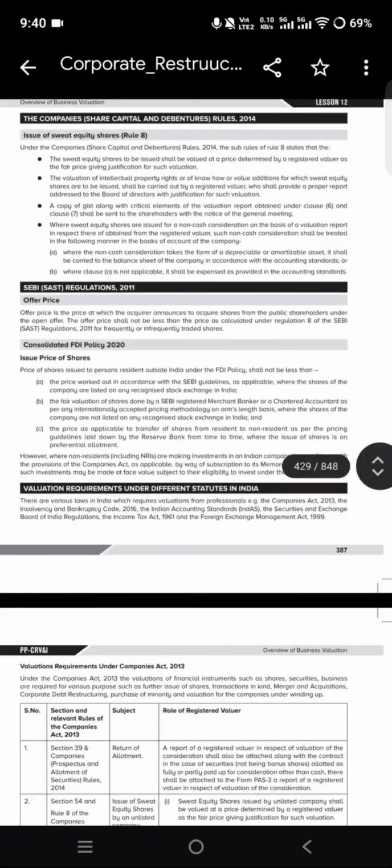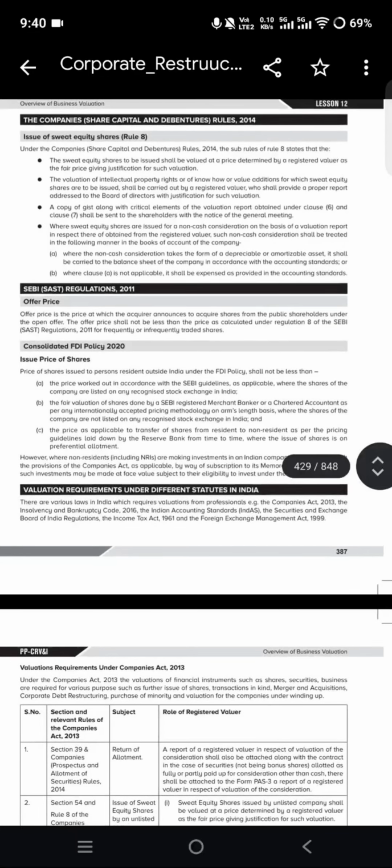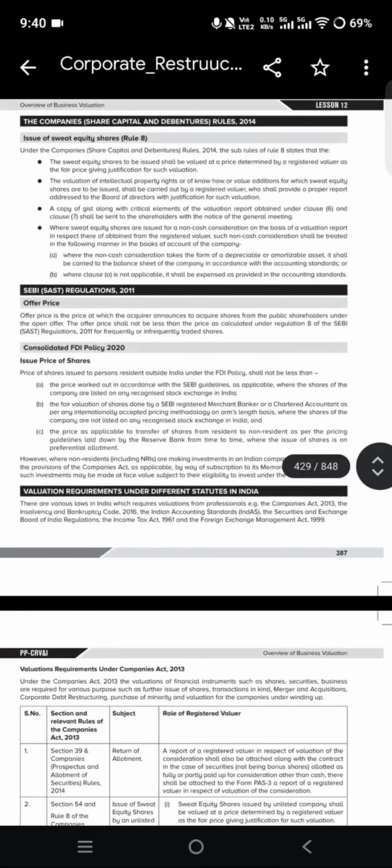First, 90 trading days volume weighted average price, that is VWAP, of the related equity shares quoted on the recognized stock exchange preceding the relevant date. The 10 trading days volume weighted average price of the related equity shares quoted on a recognized stock exchange preceding the relevant date.